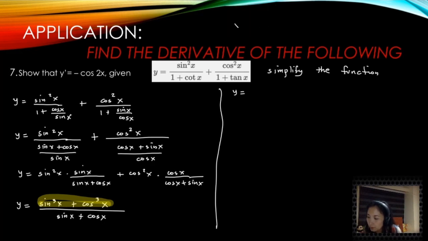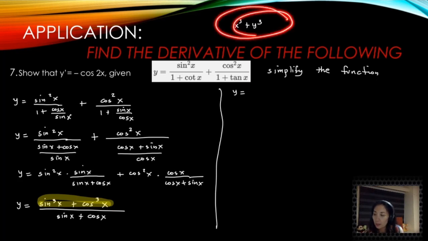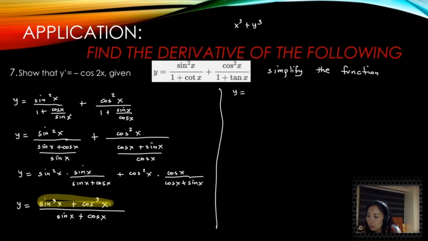I want to draw your attention to the top part of the slide. X cubed plus y cubed is equal to x plus y times the square of the first minus the product, plus y squared.